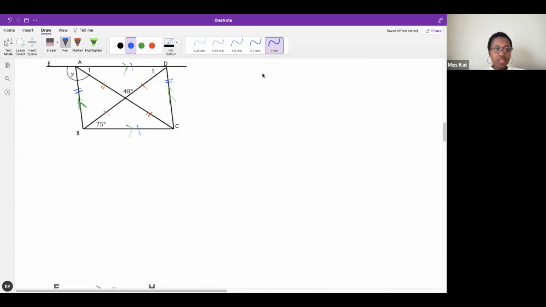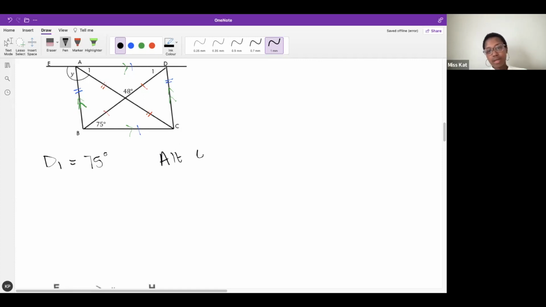Interior angles are equal to. Okay, I see something interesting there, but I have a feeling Sia meant D1, not B1. So Sia says D1 is 75 degrees, right? And my reason is what? Sia said it.